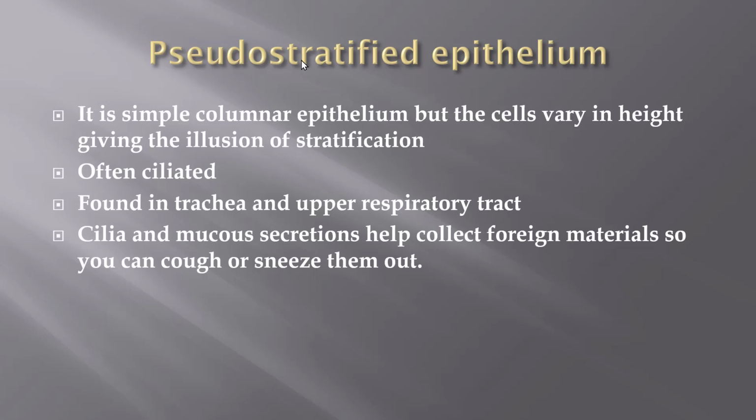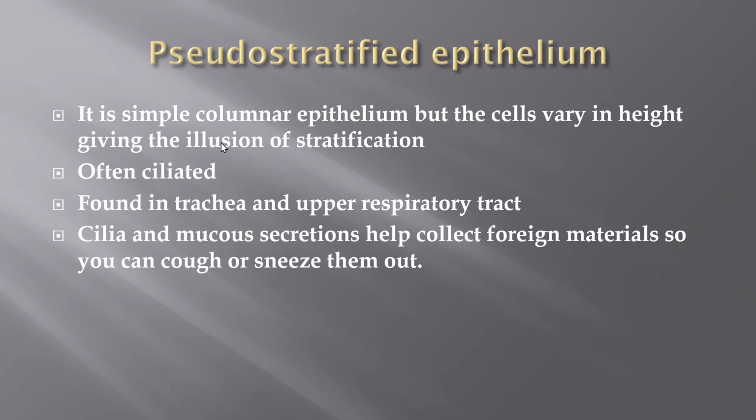It is a simple layer of columnar epithelium, but it looks like it's stratified. So we call it pseudostratified, pseudo meaning false. So simple columnar epithelium looks different, looks stratified, but isn't.